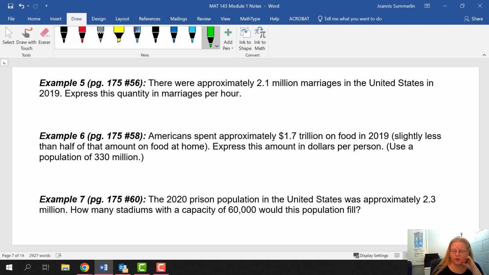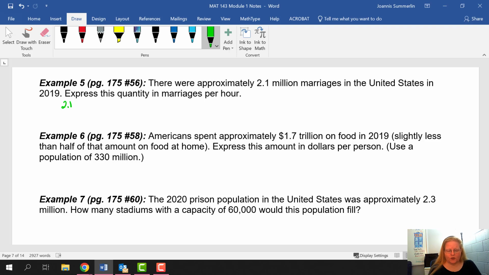I'm going to have to write 2.1 million as a number. And the trick is putting the comma for million where the decimal point is.